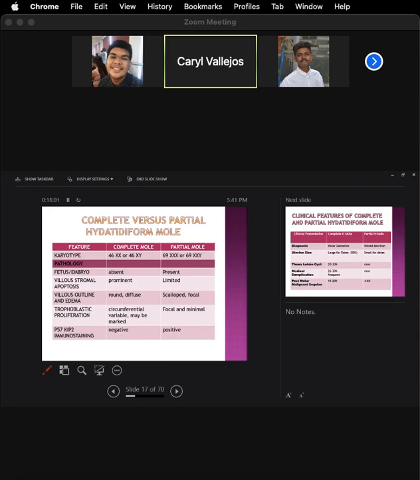Trophoblastic proliferation is marked, however minimal and focal in your partial. P57 KIP2 immunostaining is negative for complete hydatidiform mole, and positive in your partial hydatidiform mole.